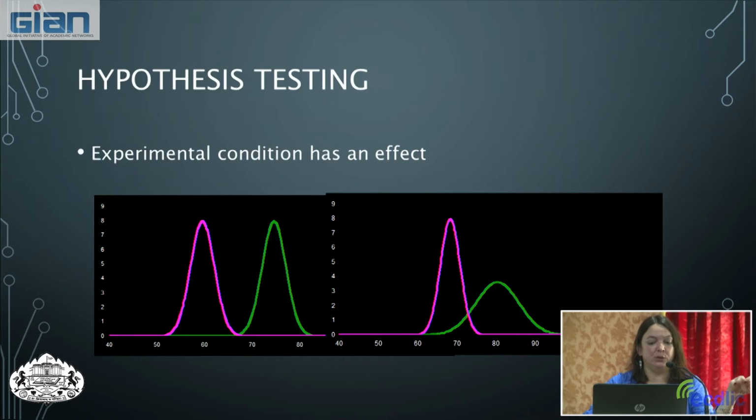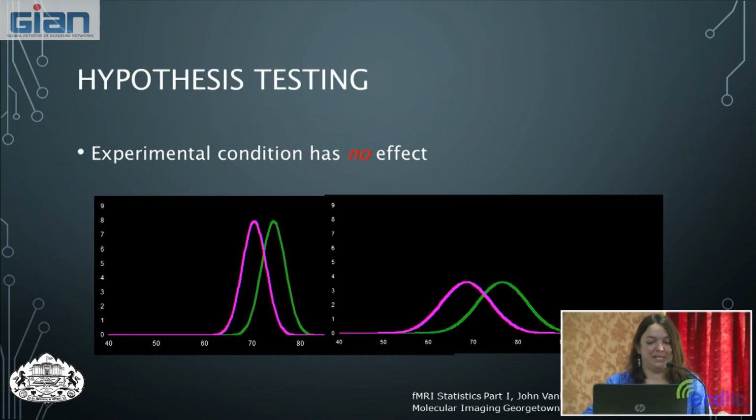If we saw our data looking like this, we might conclude that the experimental condition, that is moving our thumb, had an effect, so that we are seeing differences in the means, and there's not a lot of overlap between these in either of these cases. Okay, so in this case, we would conclude that our experimental condition had an effect. But what if we saw something like this? Okay, the means are very close together, and there's a lot of overlap between those. In this case, we would conclude that our experimental condition had no effect.